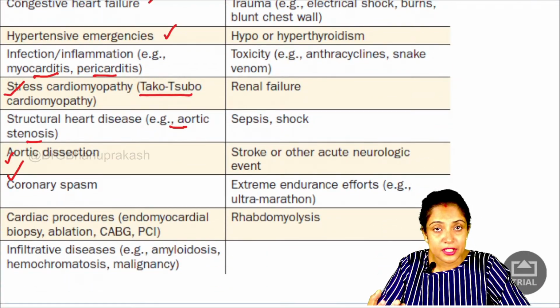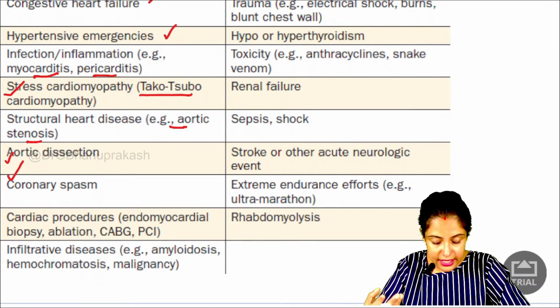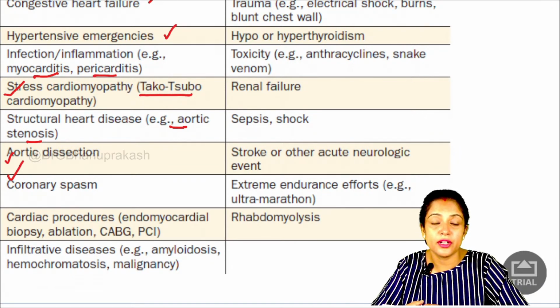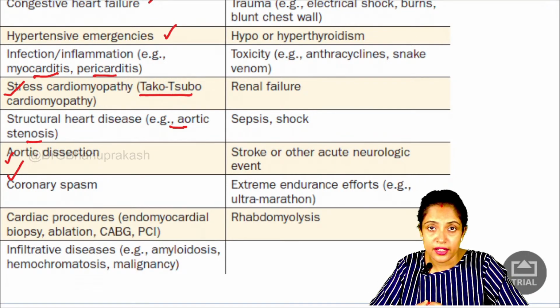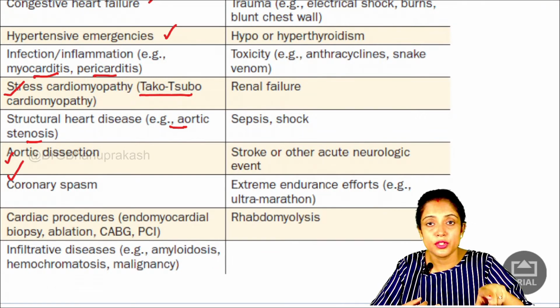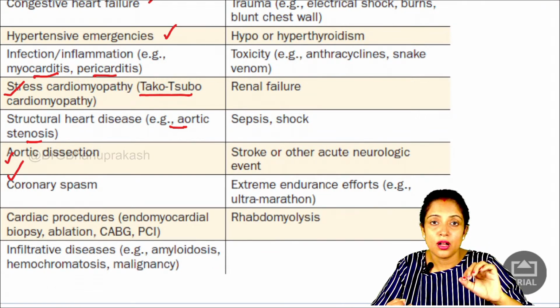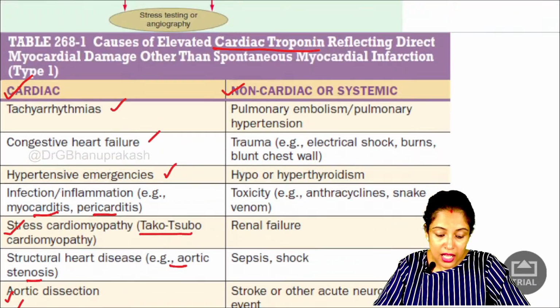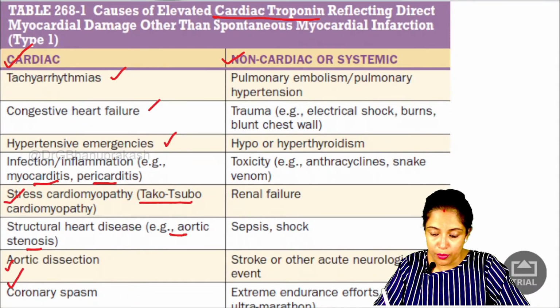After certain cardiac procedures also, that is important: after a CABG, after a PCI, even after CPR, many times when CPR is given to a patient going into cardiac arrest. In those patients, if after doing CPR we do a blood analysis, the troponin level will be elevated. So these are the cardiac causes of elevation of troponin.